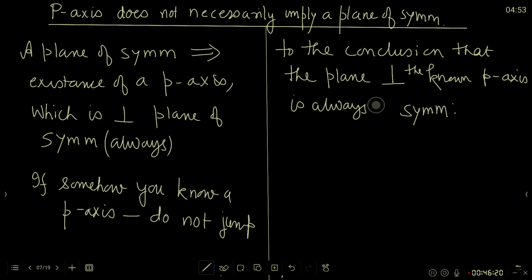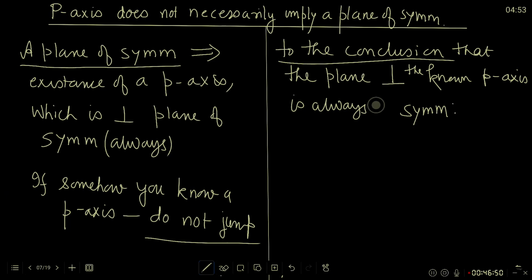Do not jump to this conclusion. If you know a p-axis, the plane perpendicular to that p-axis may or may not be a symmetry plane. It doesn't work like that. But it works the other way always. If a plane of symmetry is known, then the axis perpendicular to the plane of symmetry will always be a p-axis. Do keep this in mind.